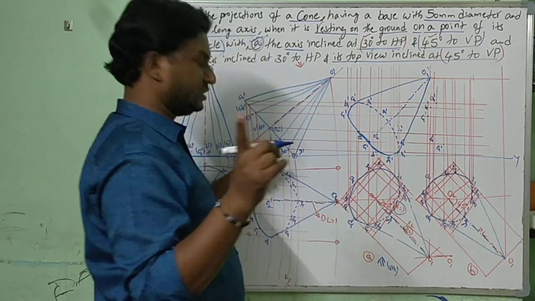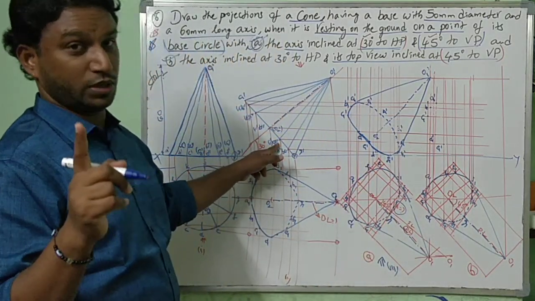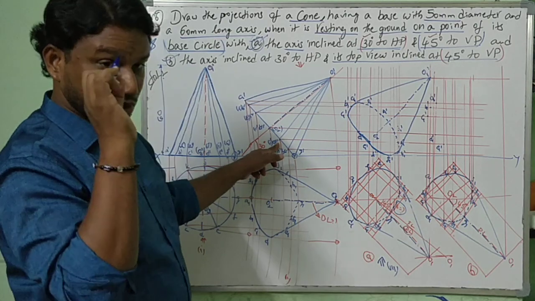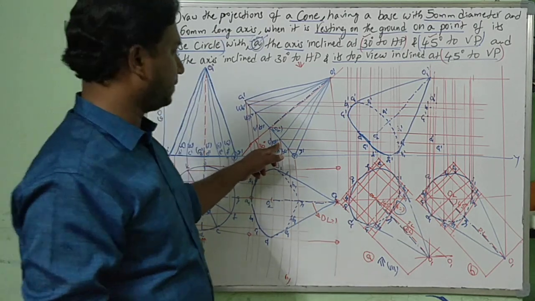Picking the points is very important. Intersection lines you have to observe very clearly, sharply.